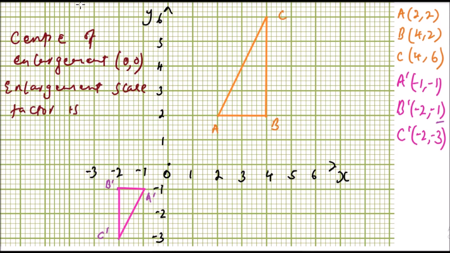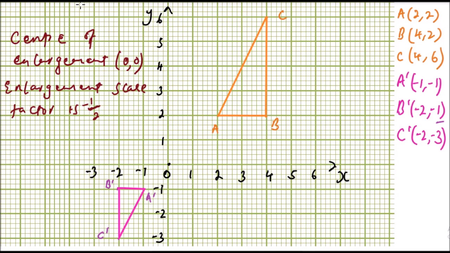That is a half, and it is minus because the image is on the opposite side of the object. That is what the minus implies.